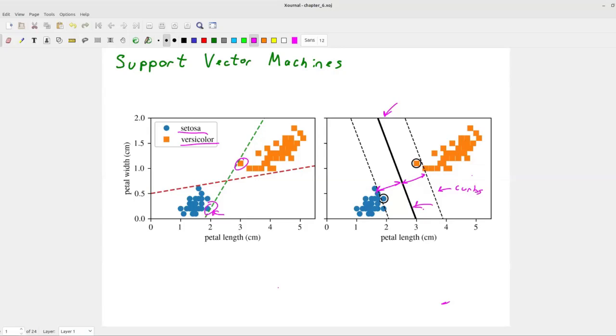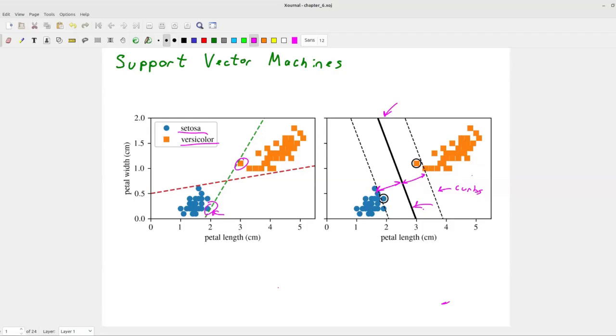Because while these two classifiers work perfectly well, it's not halfway in the middle, kind of like logistic regression was. And so we want to do that. So this is what it looks like to build a street or a road in support vector machines. So that's the goal of SVMs, right?